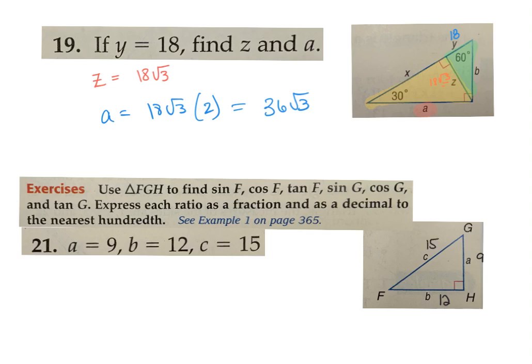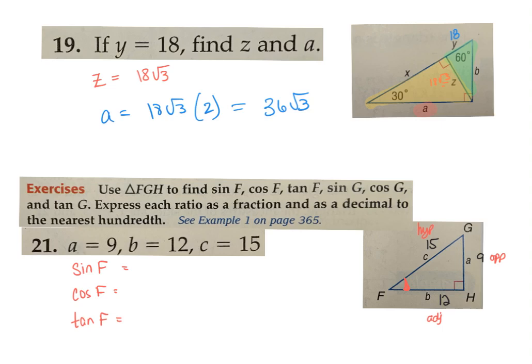And they want us to find sine, cosine, and tangent of F and of G. So we have sine of F, cosine of F, and tangent of F. And they want it in fraction and in decimal. So if I am labeling it based on F, then 9 is my opposite, 12 is my adjacent, and of course 15 will always be my hypotenuse.